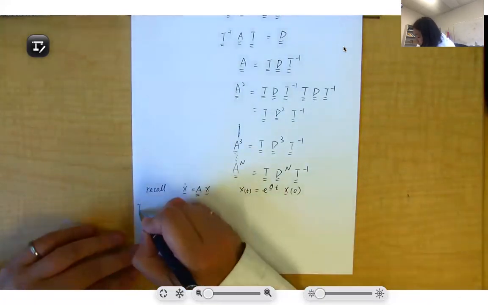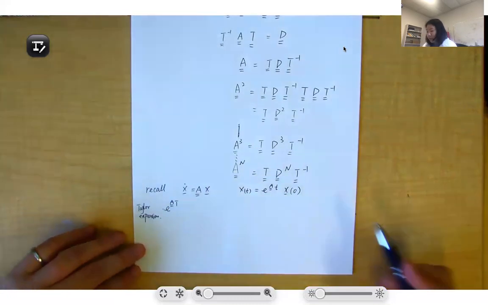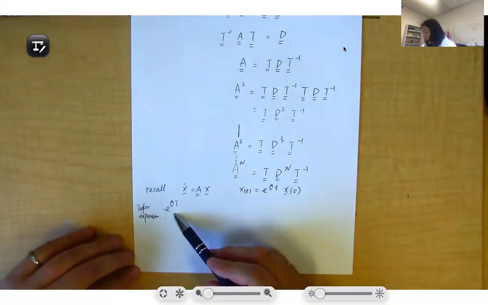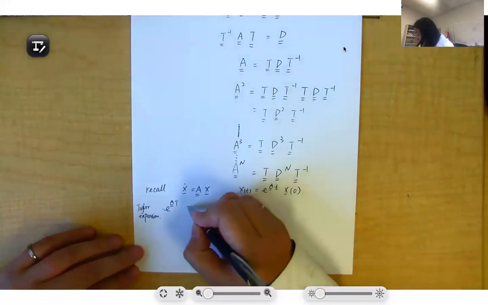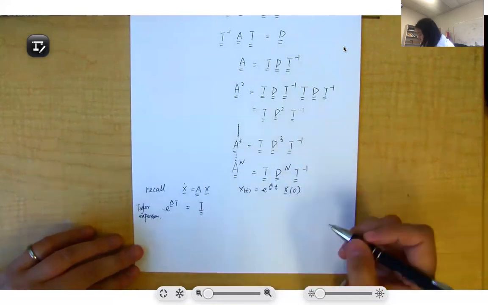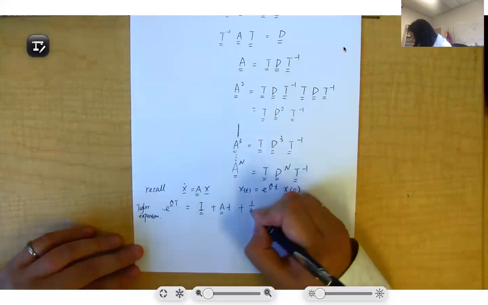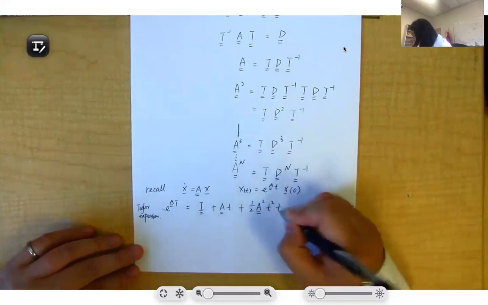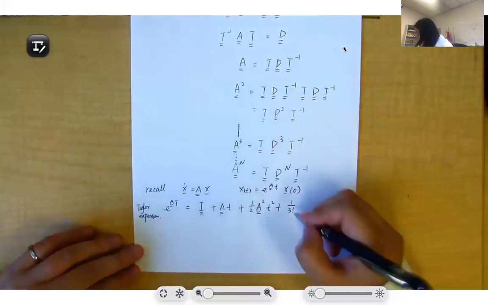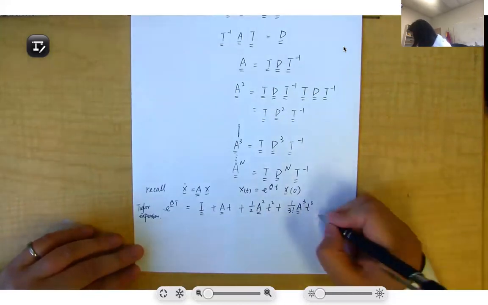We can use Taylor expansion to expand this exponential into a polynomial format, which is the identity matrix plus A t, plus one half A squared t squared, plus 1 over 3 factorial A cubed t cubed, and plus dot dot dot.